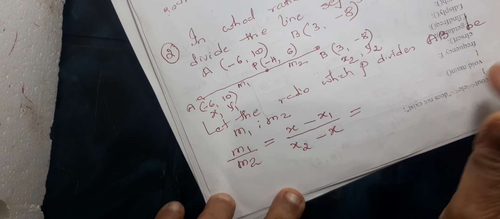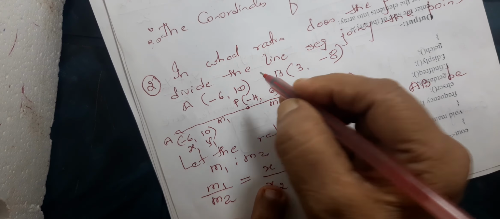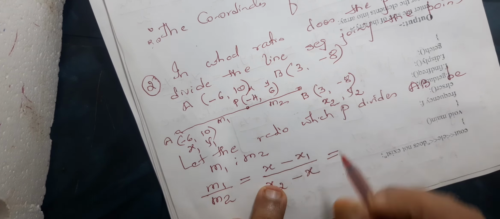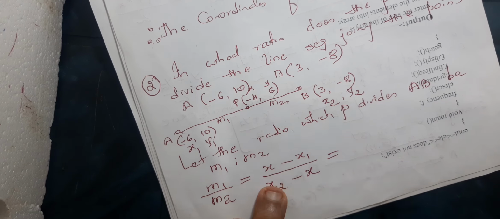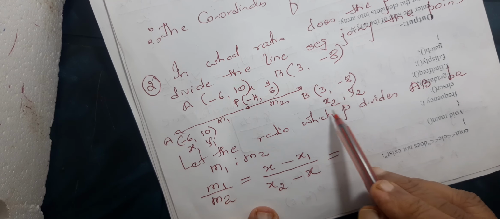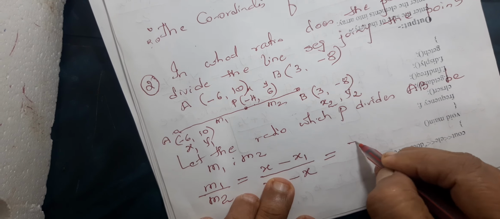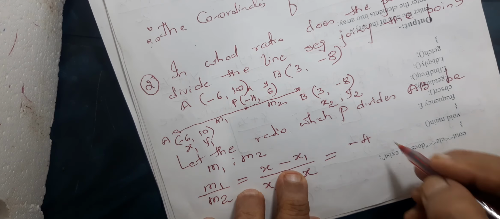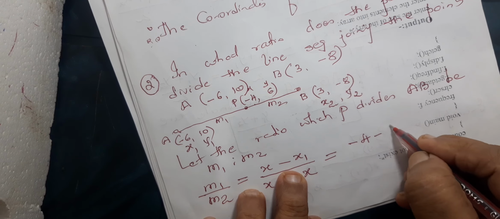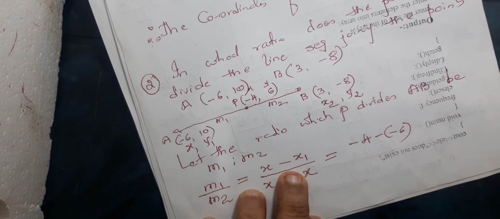So this will be equal to, now what is x? See, x, y is minus 4 and 6. x1 is minus 6. x2 is 3 here. Just observe that properly. So x is minus 4, minus x1 is minus 6, put it in the bracket.